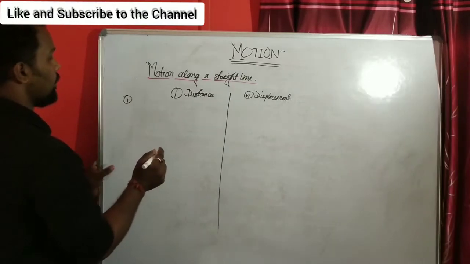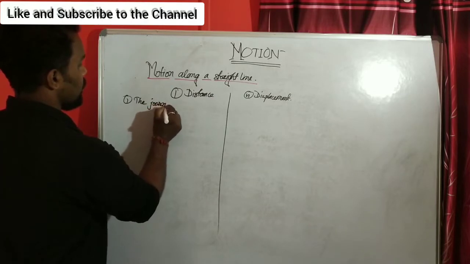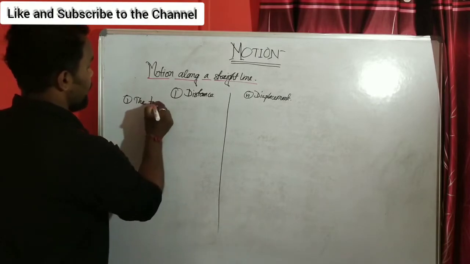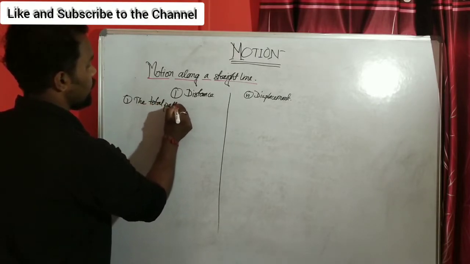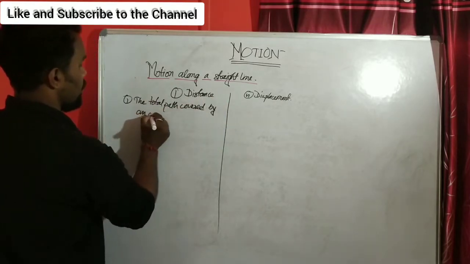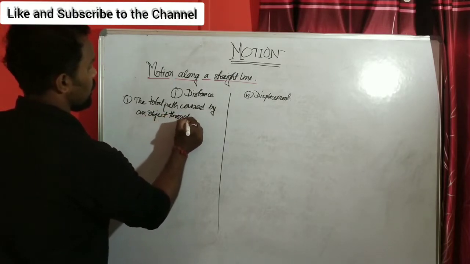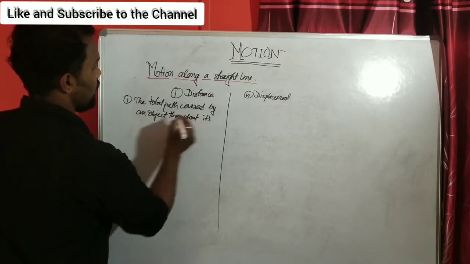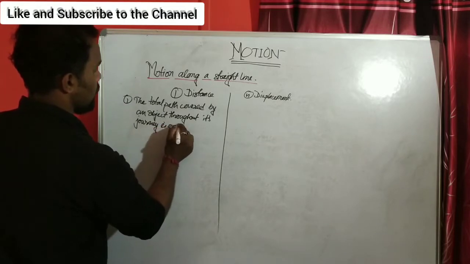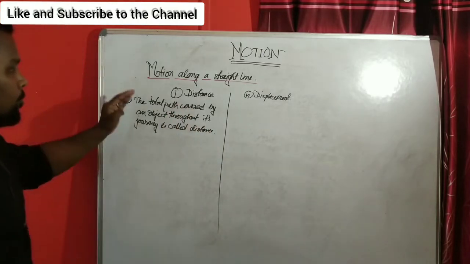Distance is nothing but the total path covered by an object throughout its journey. This is the distance.